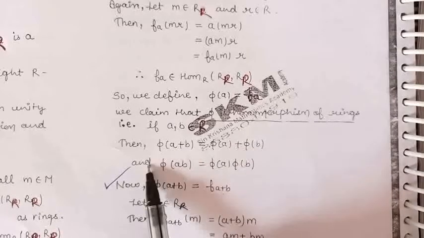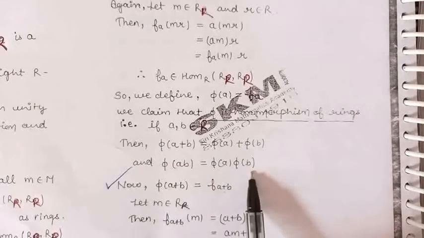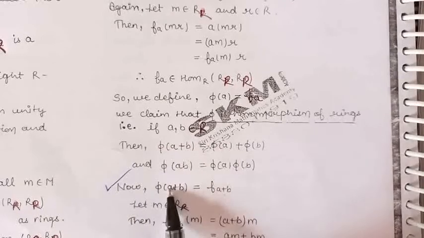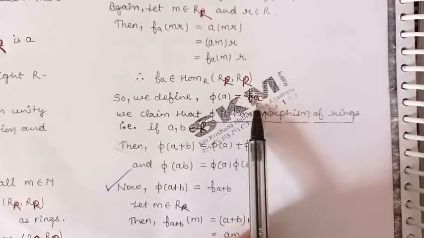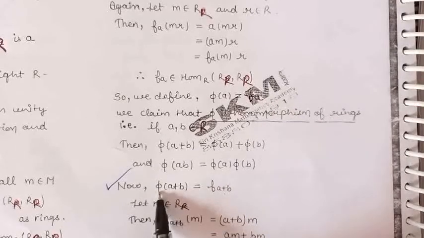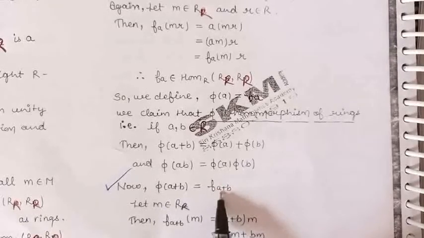In the second condition of homomorphism, we will have to prove that the image of ab is equal to the image of a into the image of b. So now let us find the image of a plus b under the mapping phi. According to the definition of mapping phi, the image of a under phi is the mapping f_a. So the image of a plus b under the mapping phi will be the mapping f with suffix a plus b in the base.